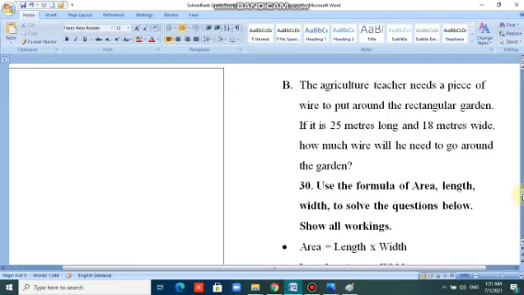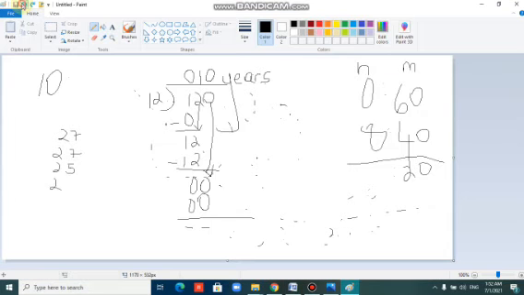So the agriculture teacher needs a piece of wire to put around the rectangular garden. So if it is 25 meters long and 18 meters wide, how much wire will he need to go around the garden? Let us go fast. Moving right along.